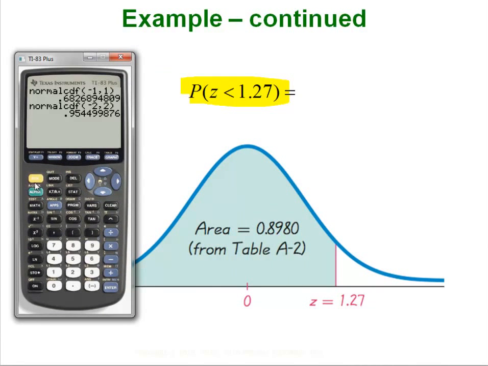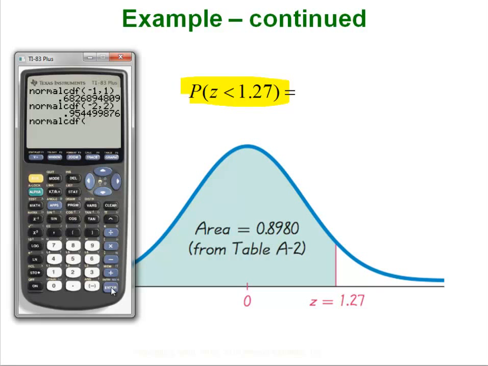If we were to do technology, you'll remember when we did Statcrunch, it had the option where we could do either the standard, where it gave us something below a point, or we could do in between. But this function on the calculator always just does in between. So if we're doing in between, how do we work with just below 1.27?